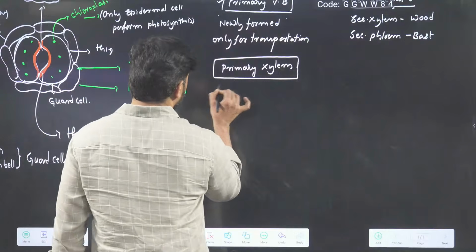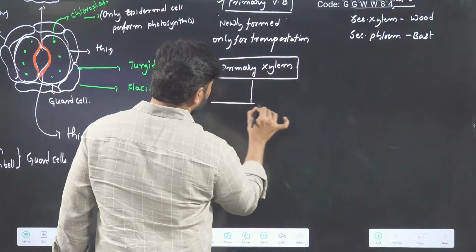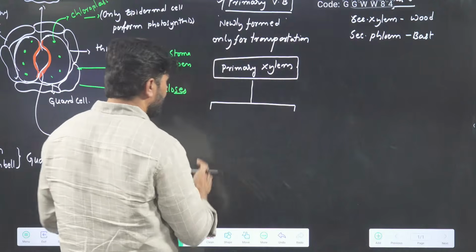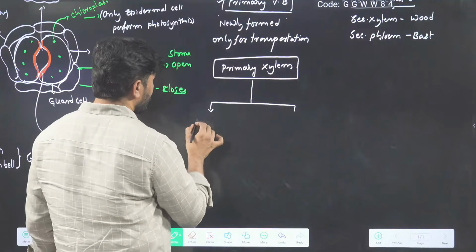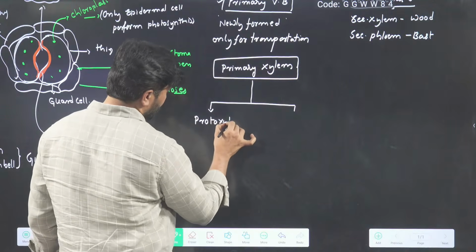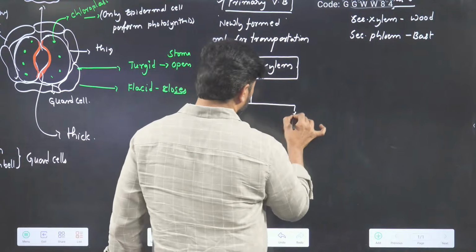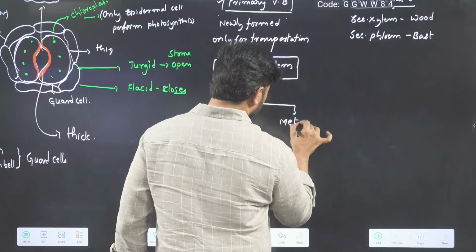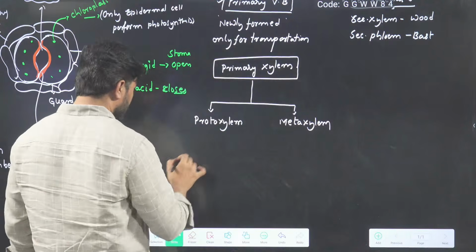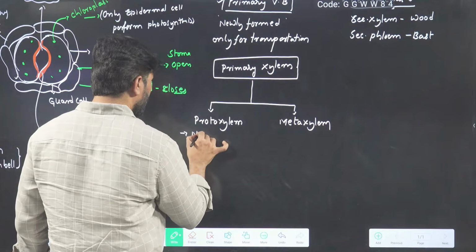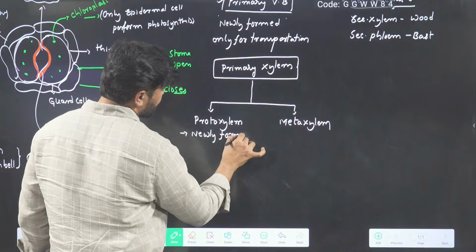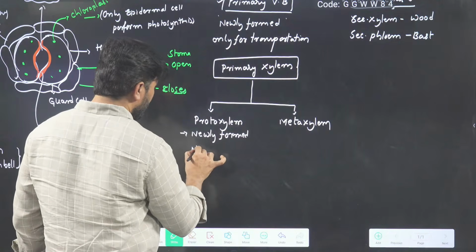Primary xylem, which works in all plants to transport water and mineral, could be divided into two categories: protoxylem and metaxylem. Who are these proto and meta? Proto means newly formed, just formed. These are non-functional.